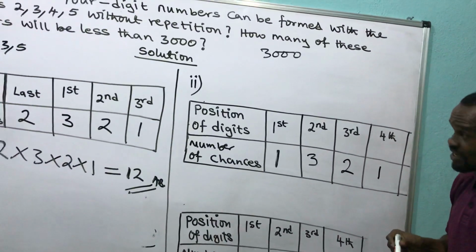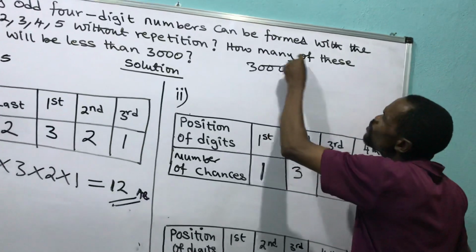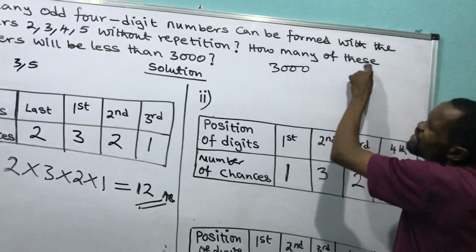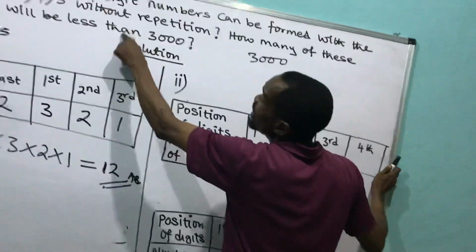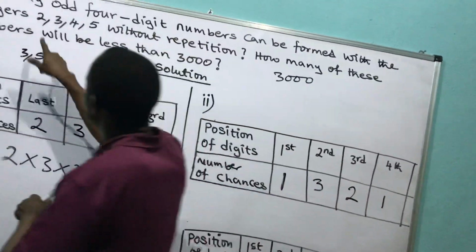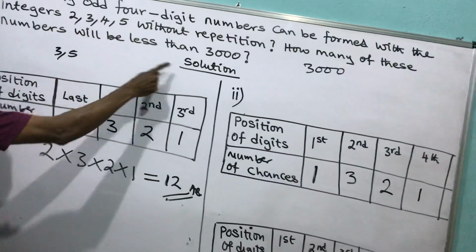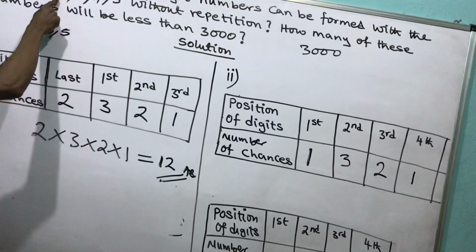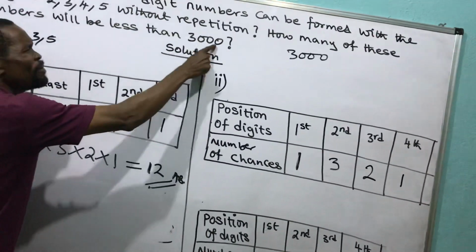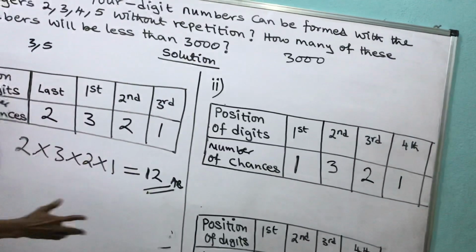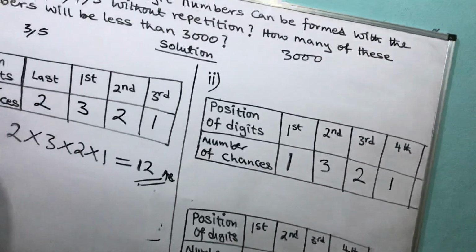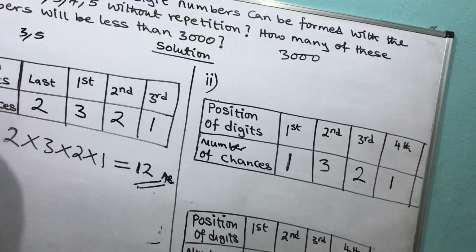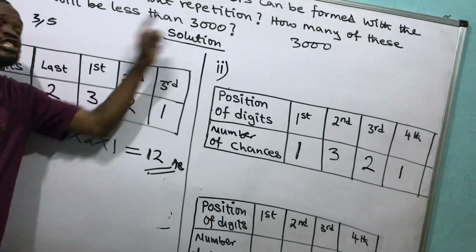I'm repeating it again. How many of these numbers will be less than 3,000? Look at the number: 4 digit numbers. And 3,000 has how many digits? 1, 2, 3, 4. So as far as it's going to be less than 3,000, I'm going to consider the first digit.